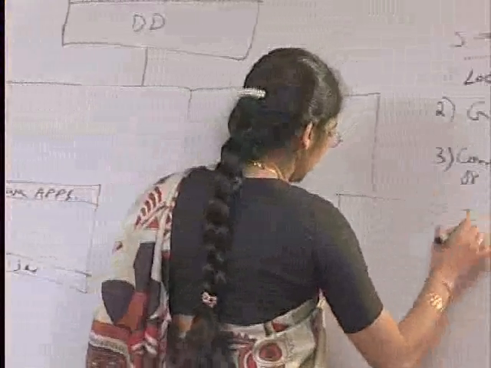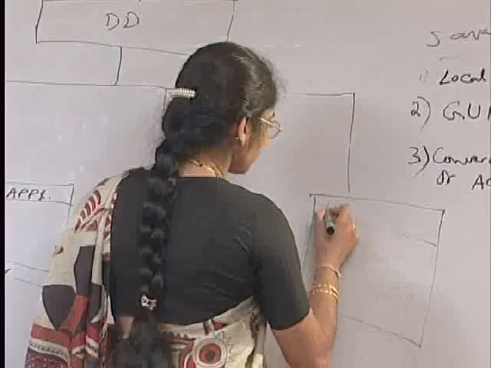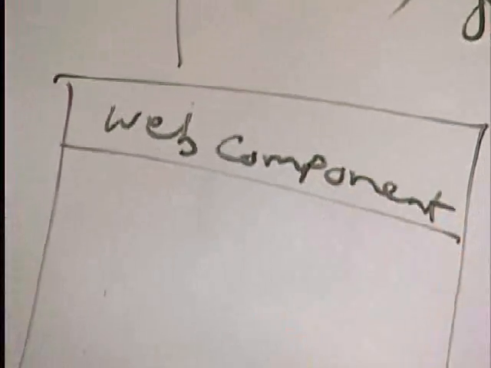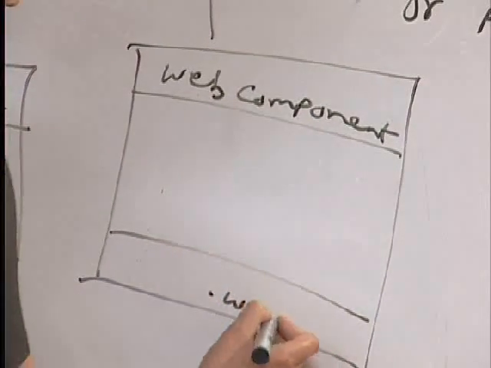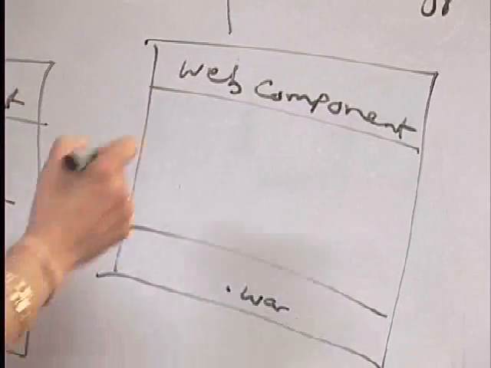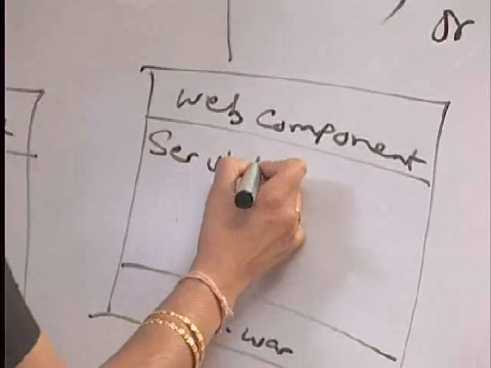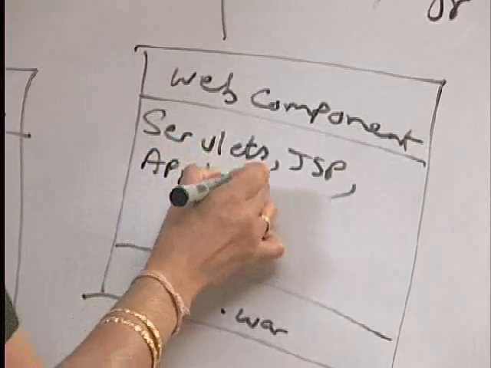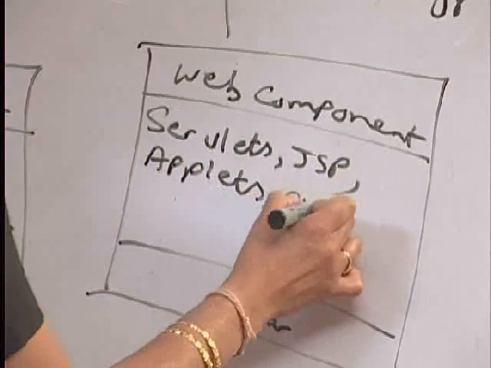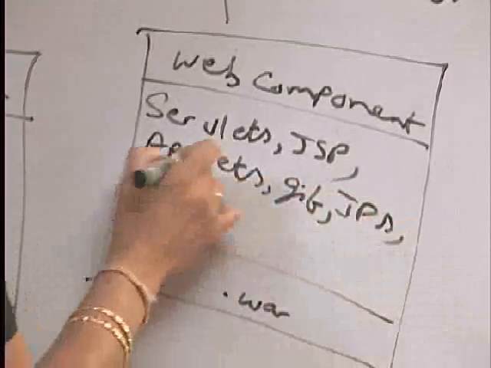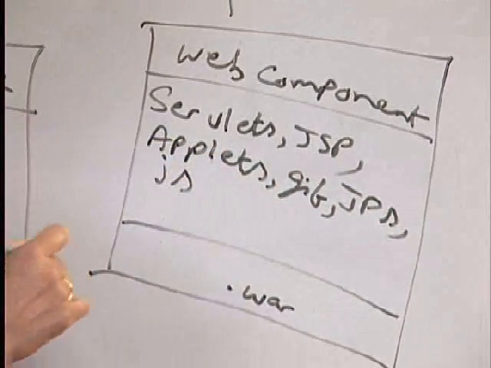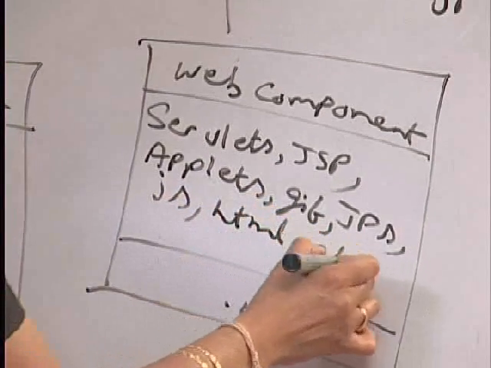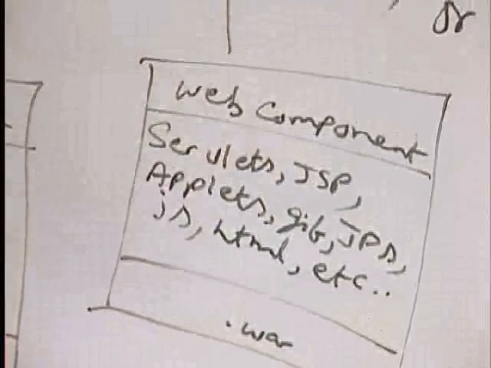And you could also have a web component or a web application, which is a .war file consisting of servlets, JSP, applets, the GIFs, JPGs, the JS files, that is your JavaScript files, your HTML files, etc. They get into your web component.